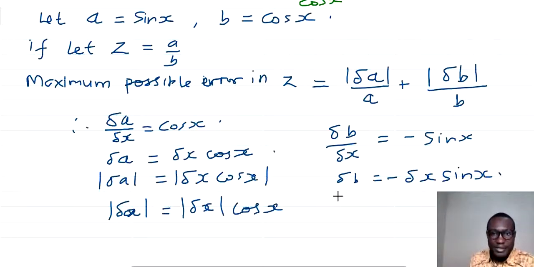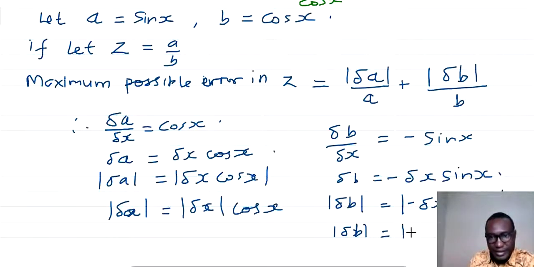And bounding this, we shall have the magnitude of delta b to get the absolute error being equal to the magnitude of negative delta x sin x.